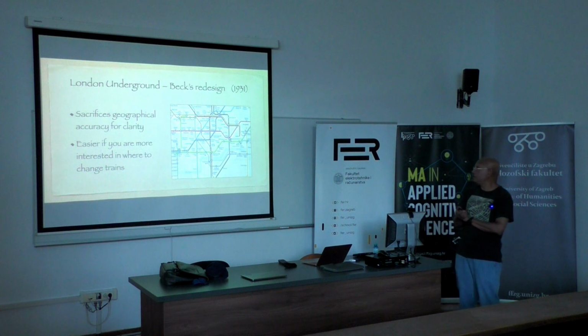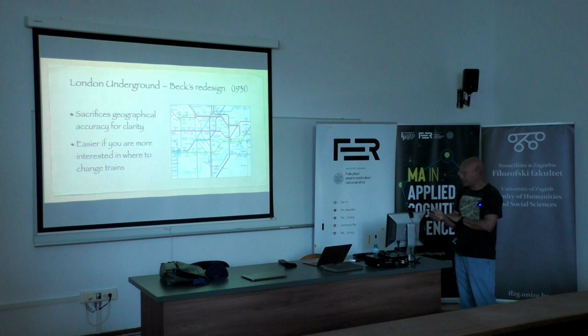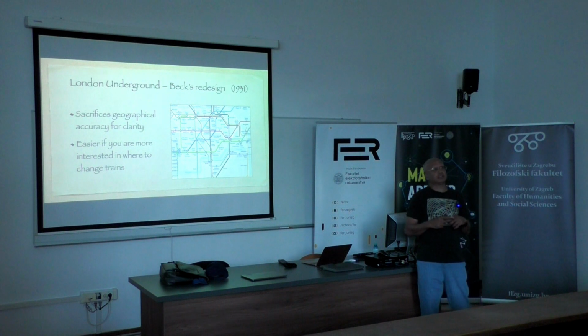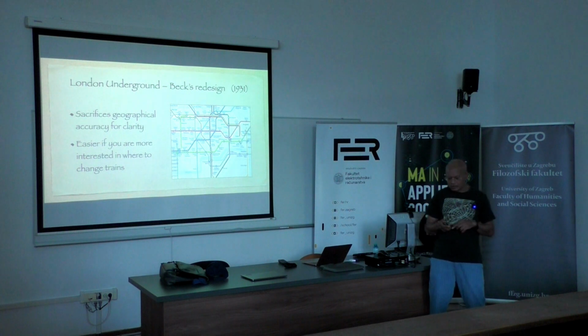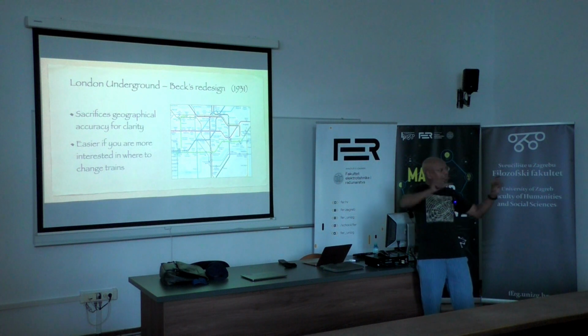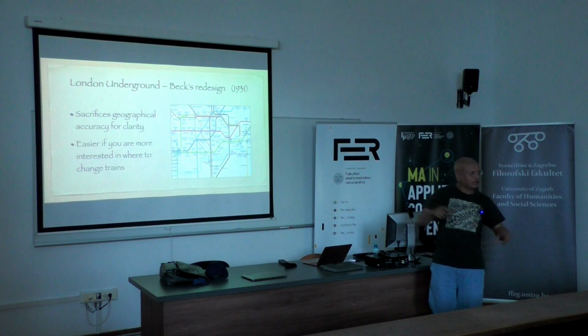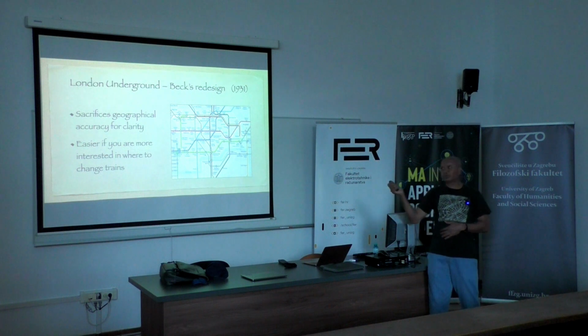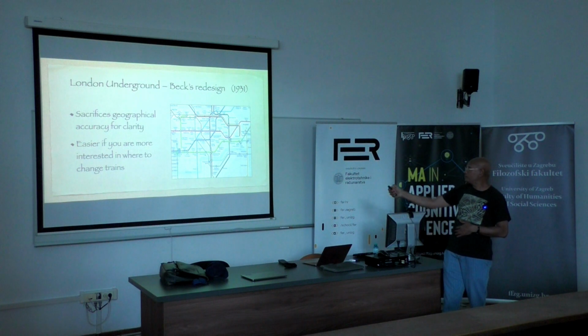In 1931, he came up with this design actually. I should say, he was actually a circuit designer, and this design is based on how electronic circuits are designed. You have components and you show the topology of the network, not how they are put in there. And he used that as a model to show how the stations are arranged.